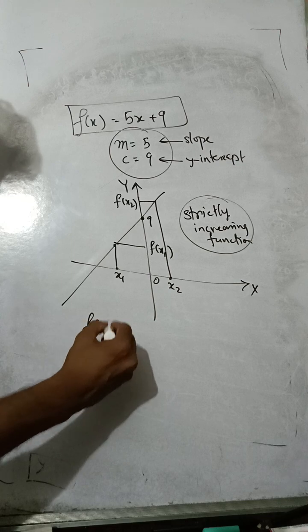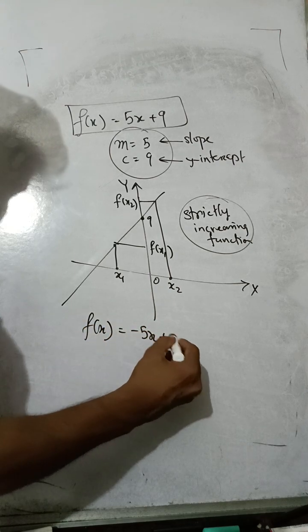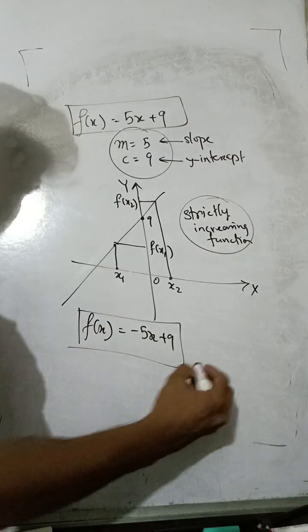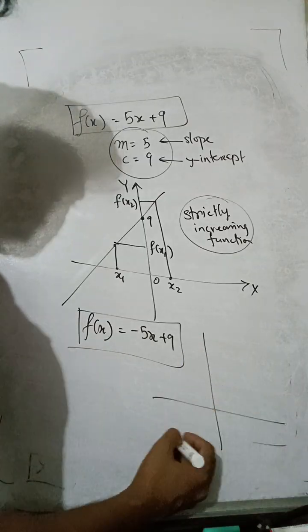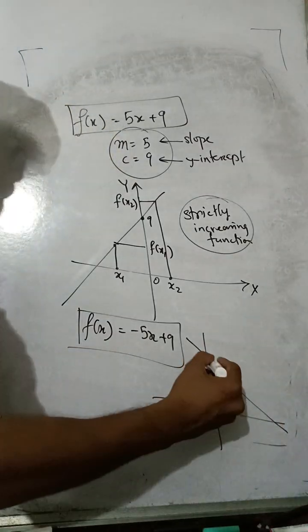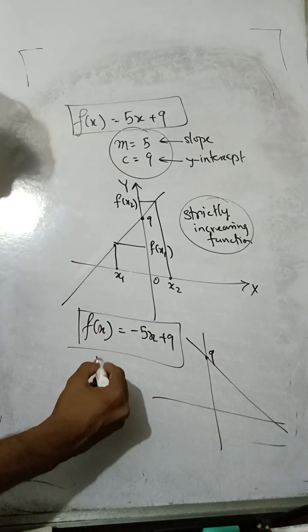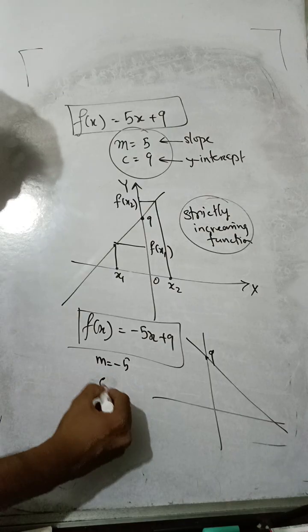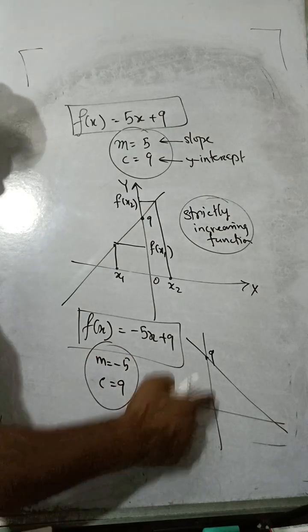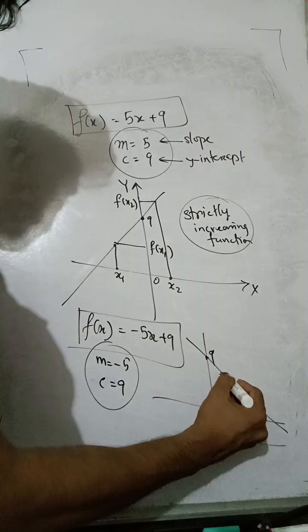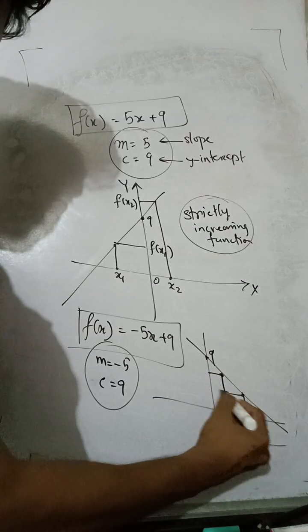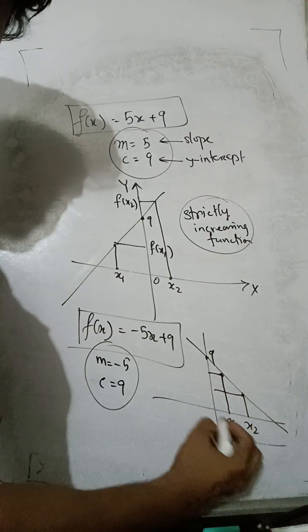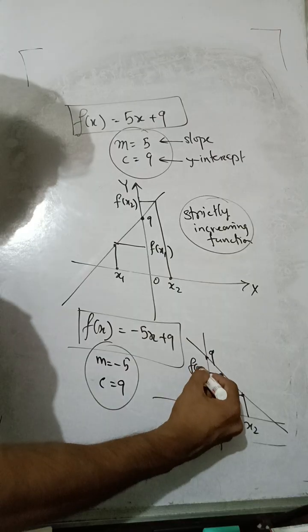Now look, suppose f(x) was minus 5x plus 9, so the line would have been something like this. So here m is basically minus 5 and c is 9. So if you take any of the values, like this is x1 and this is x2, f(x1) will always be greater.